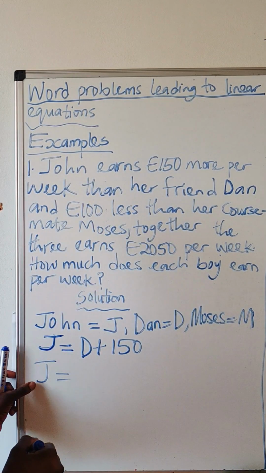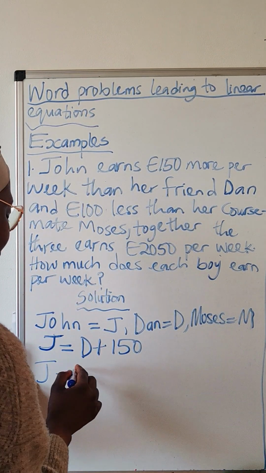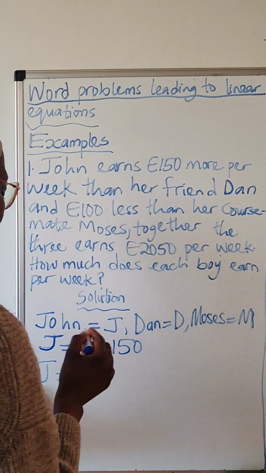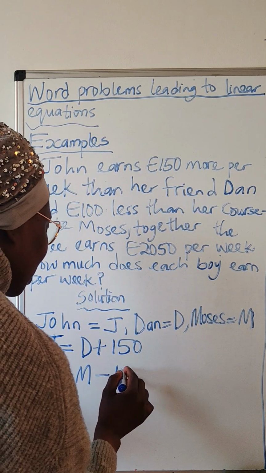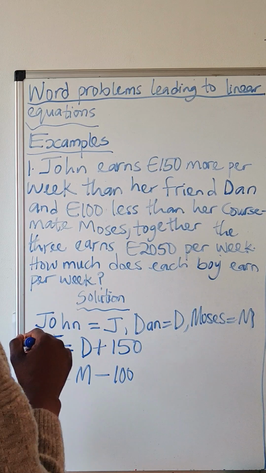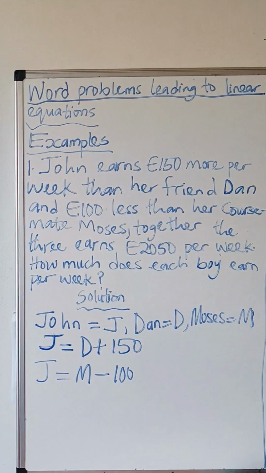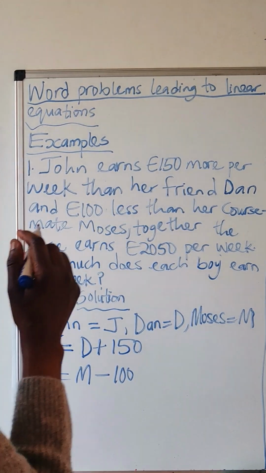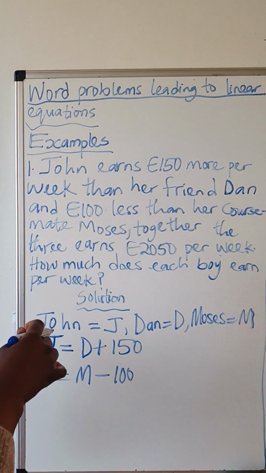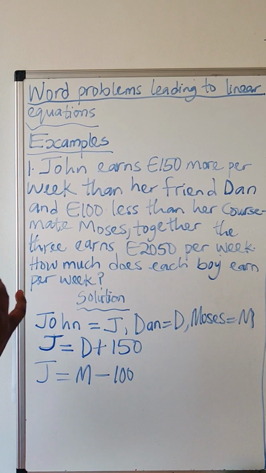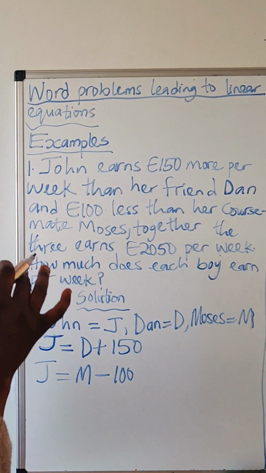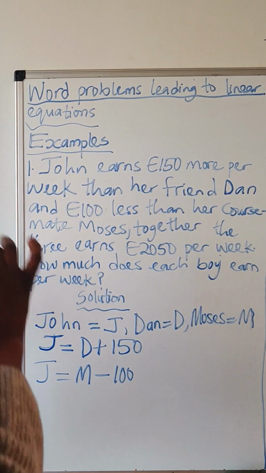That is, John's earning is also £100 less than what Moses is earning. So J equals M minus 100. Then together the three boys earn £2,050 per week.